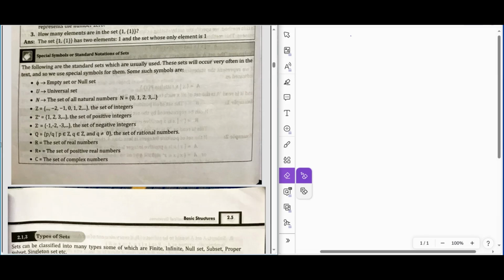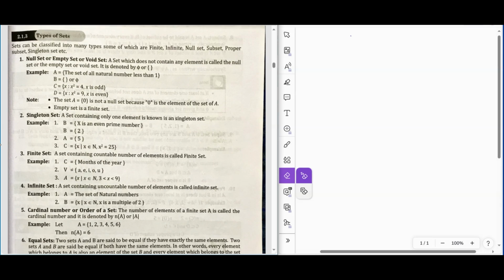The null set is represented by a circle with a line through it, and the universal set is U. N is the natural numbers, Z is the integers, Z plus is the positive integers, Z minus is the negative integers, Q represents rational numbers, R represents real numbers, R plus is the positive real numbers, and C is composite or complex numbers. These are the different types of numbers which we will be studying in the coming topics. We'll be discussing a few things on that.